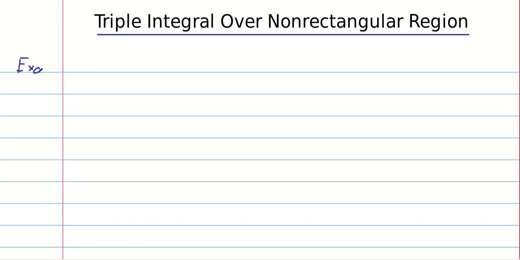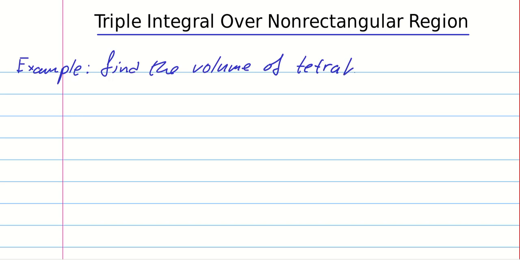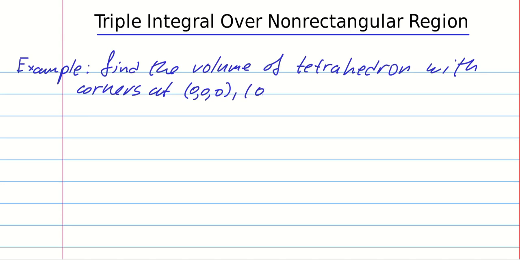So the example of this would be: find the volume of a tetrahedron with corners at the origin, then 0, 3, 0, which is on the y-axis, then 2, 3, and 5, and the last one is 2, 3, and 0.